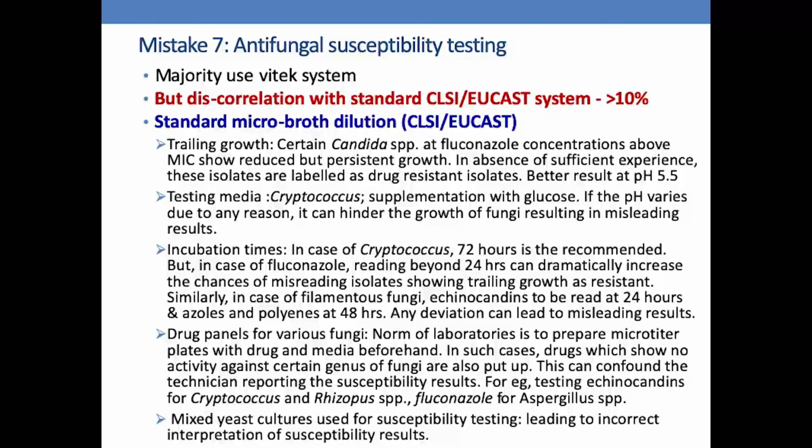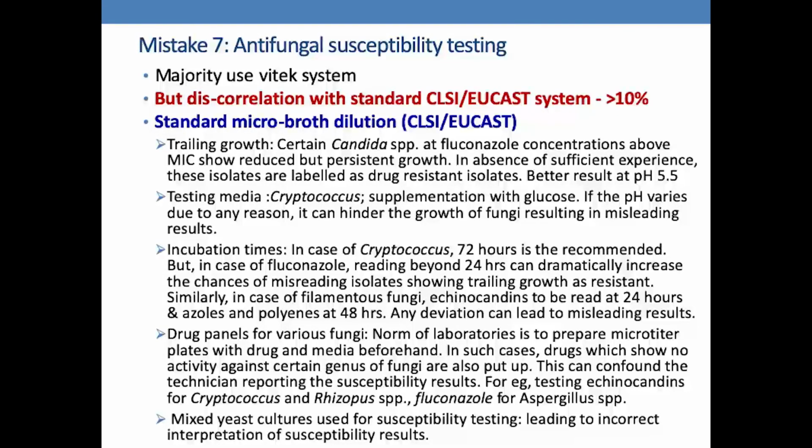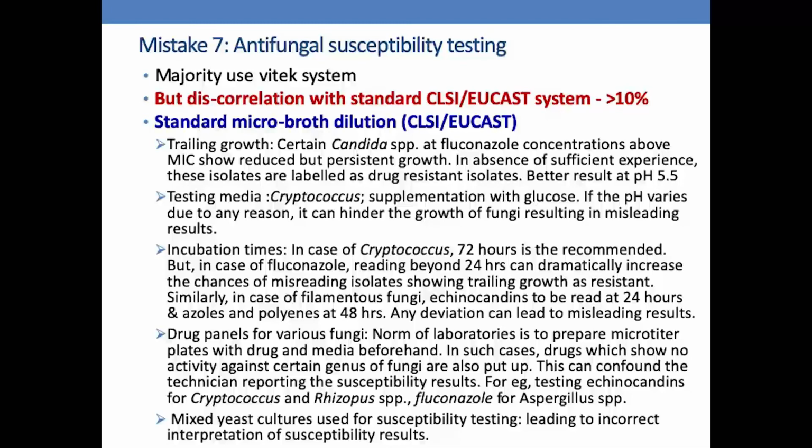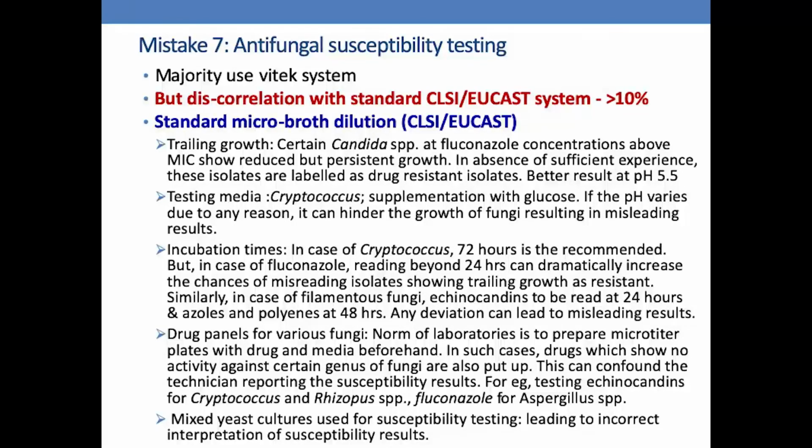You may give a report, Cryptococcus resistant to echinocandin. Echinocandin does not work, so there is no need to give an echinocandin report in case of Cryptococcus. So sometimes you need to take care in this area. Sometimes you may have mixed yeast growth. That is a problem, and if you have not used chrome agar, sometimes you may miss it and then give a wrong susceptibility report.